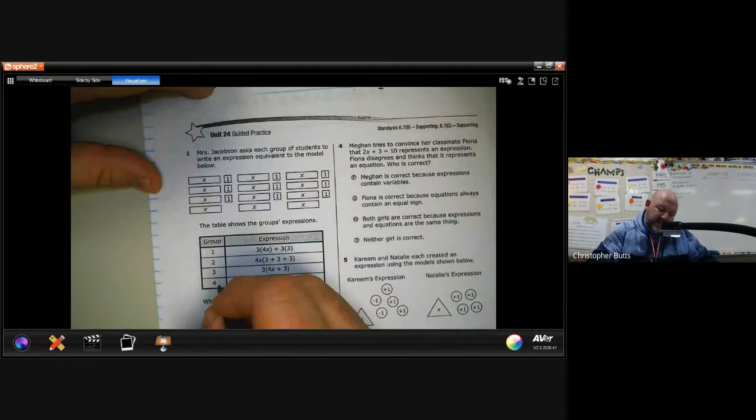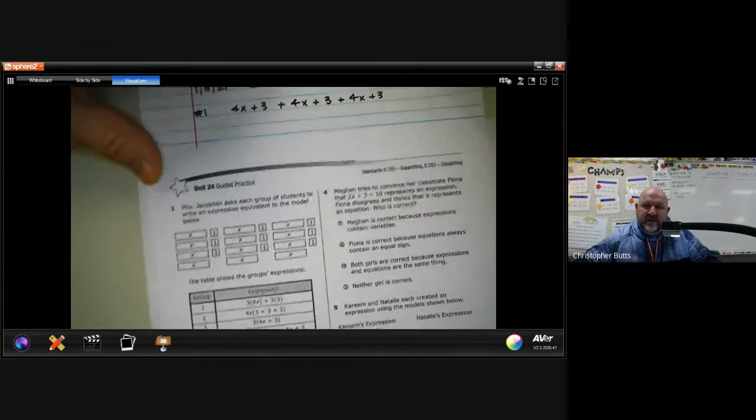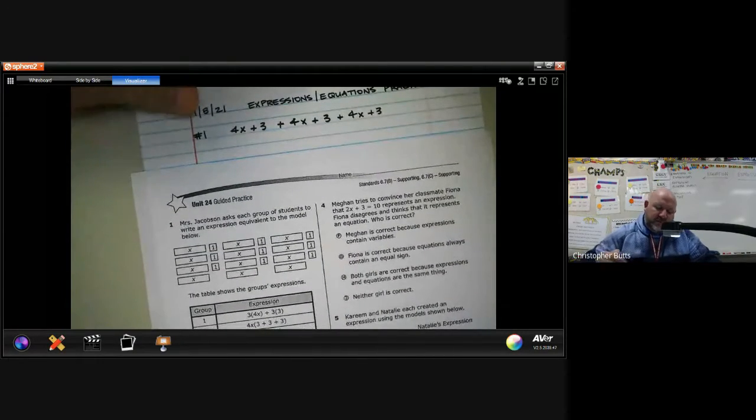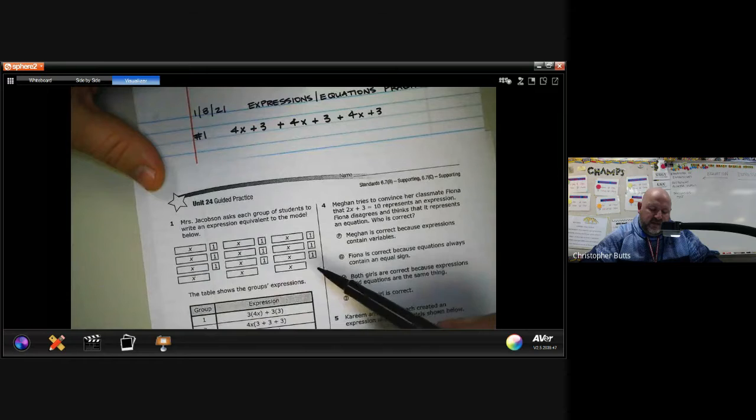So I'll put a little check mark by group number 4 because we know that that is one way to represent what's going on. If we were to rearrange these tiles, if they weren't organized the way that they are, we could count them in a different way.